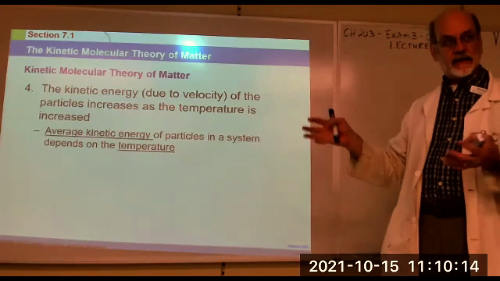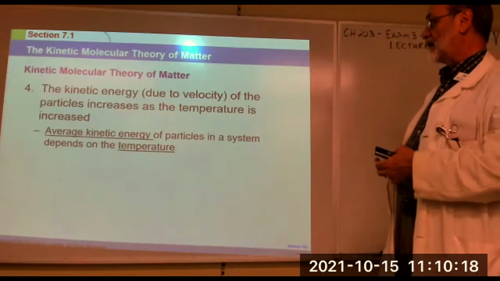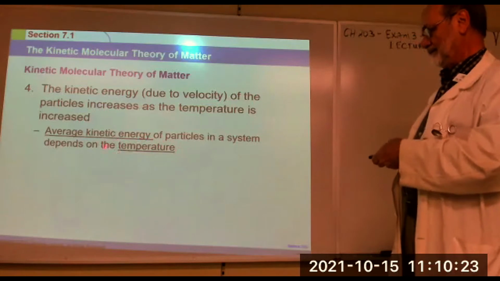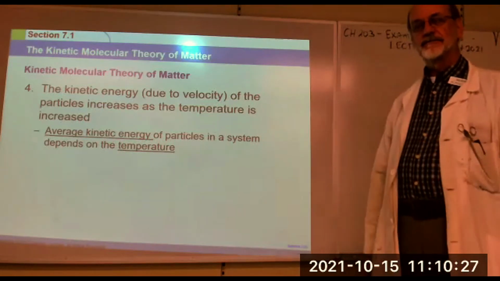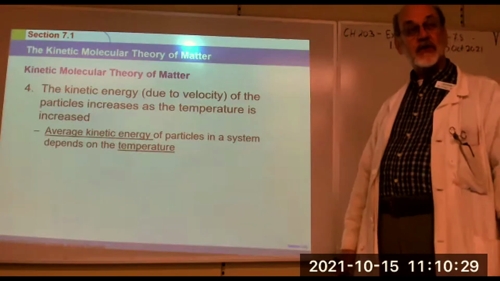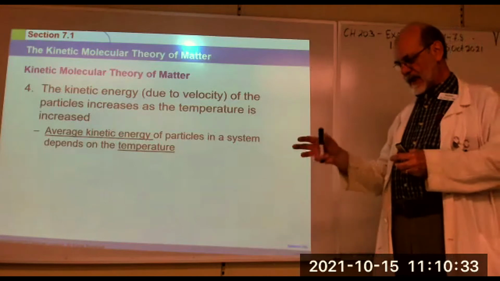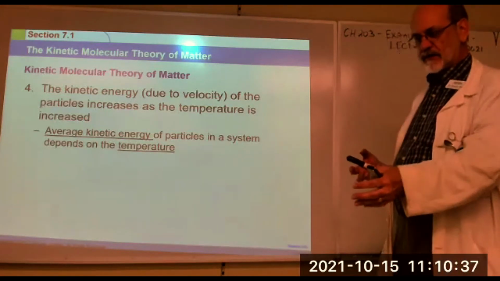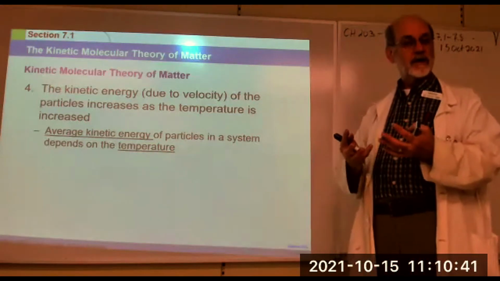So they're moving. And that being said, temperature is a measure of the average kinetic energy of that substance. So you can say with confidence, if the temperature of this substance is at 20 degrees, and then we increase the temperature to 30 degrees, that we've increased the average kinetic energy of all the particles.